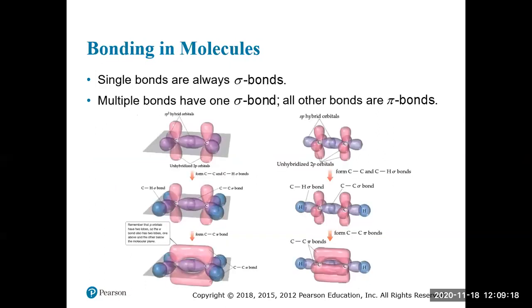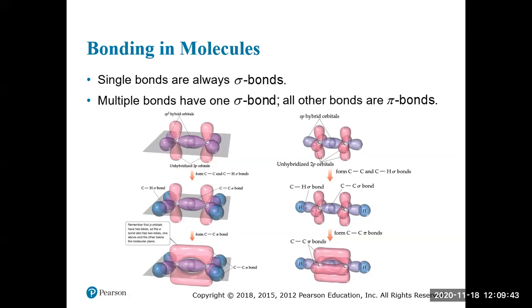On the right-hand side, where we have the C2H2, we have the carbon bonded to the other carbon, and that's an sp hybrid orbital, because we're going to have one hydrogen bonded to it and then the carbon, so we have the two. And those form sigma bonds.